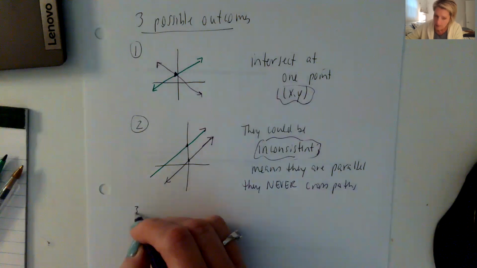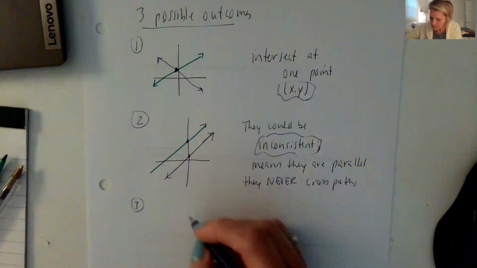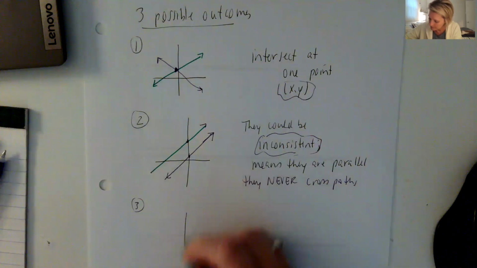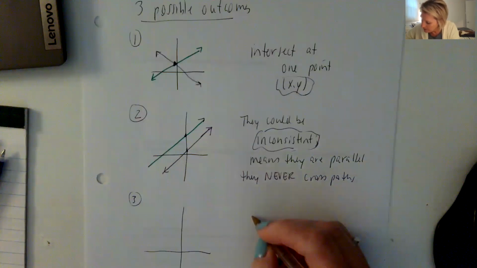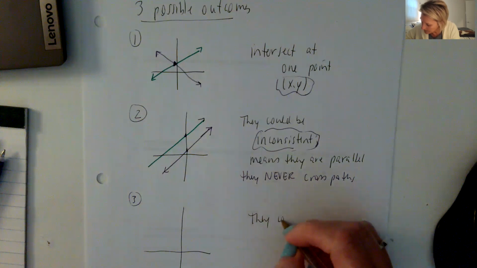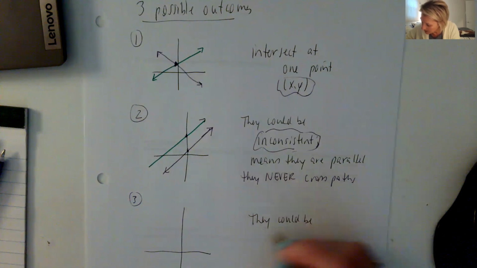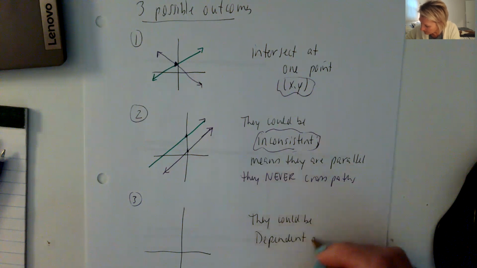The third possible outcome is they could be dependent on each other.